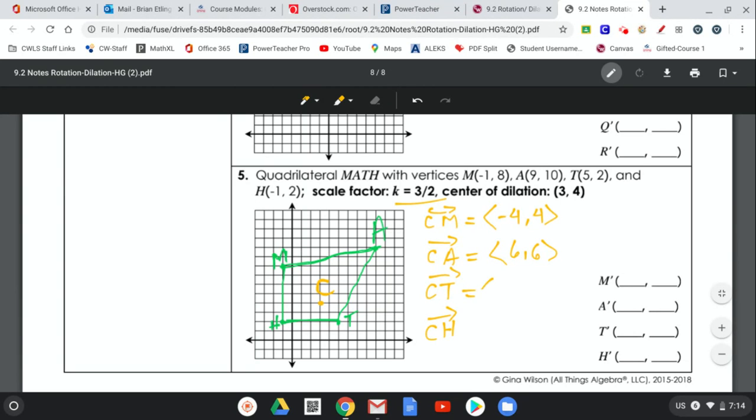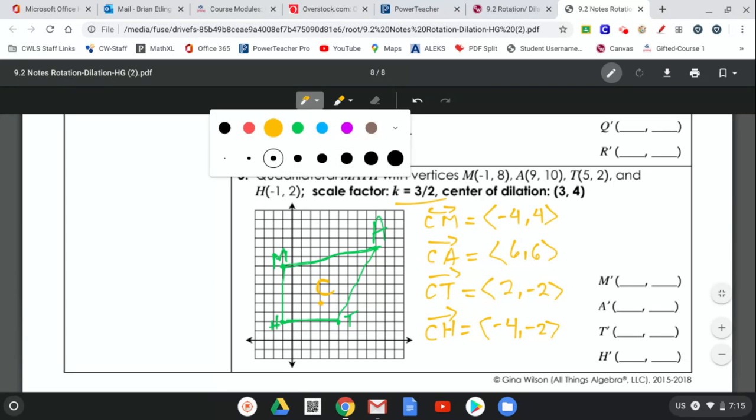C to T is going to be 2, -2, because we're going down. And then C to H is going to be -4, -2.